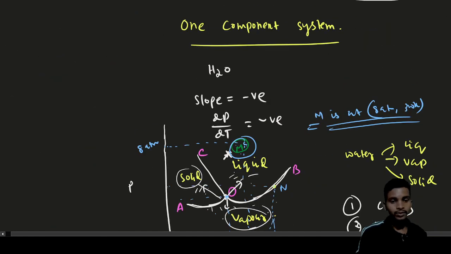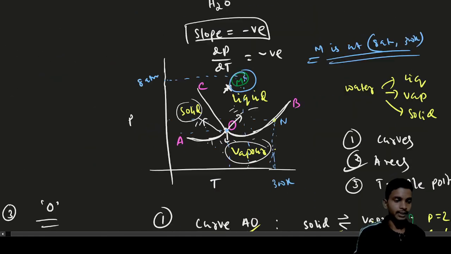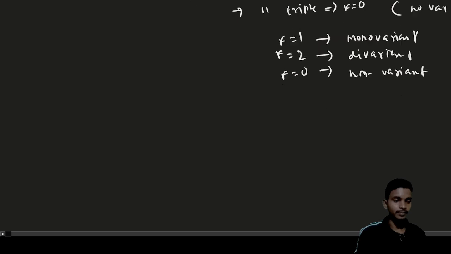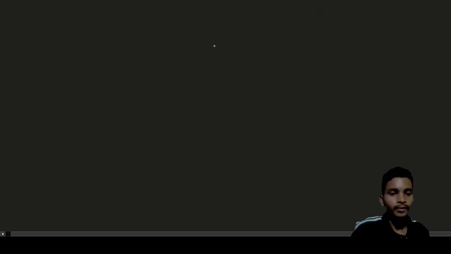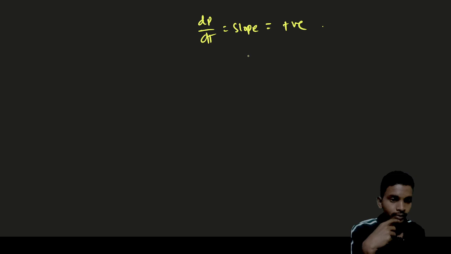So here the slope is negative. Let's take the case where dP by dT, that is the slope, is positive, like for CO2 and sulfur.